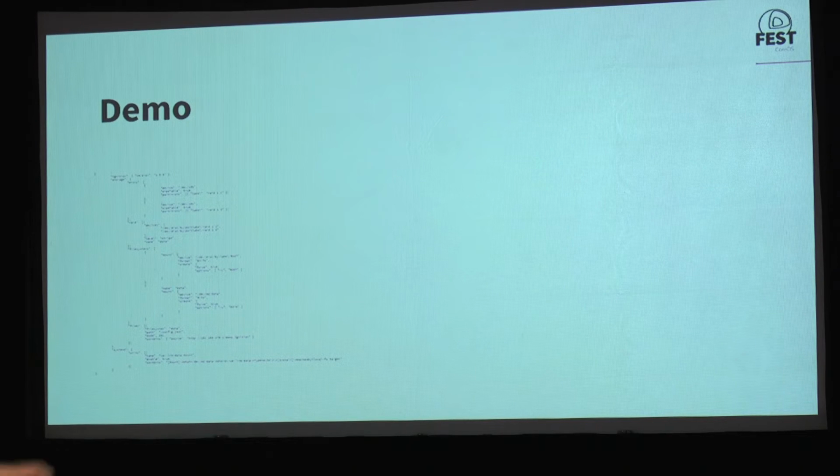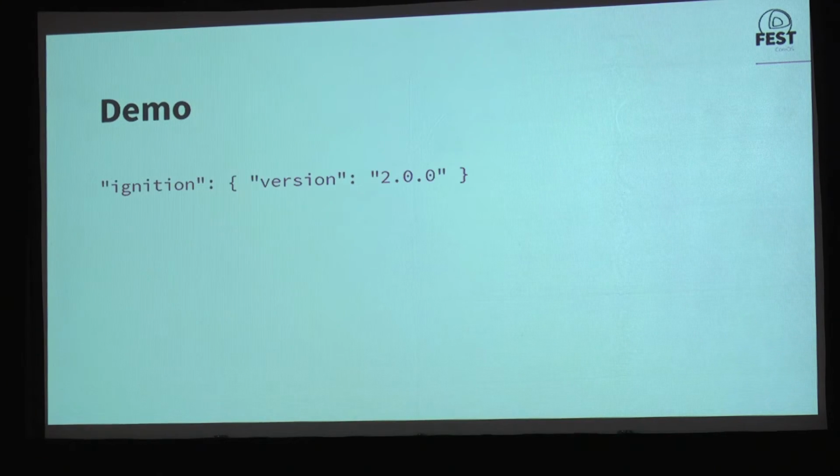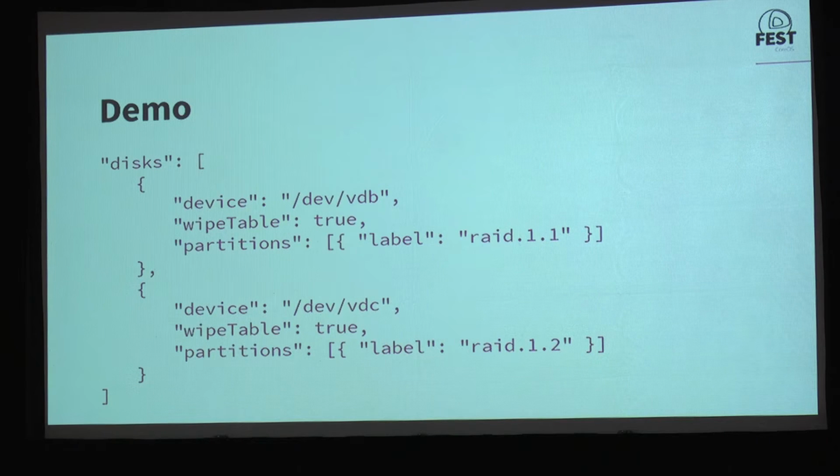So that's our config. Everybody can read that, right? Good? OK, let's walk through it. The first part of any Ignition config, of course, is the version number. Ignition configs are versioned so that we can make changes in the future and remain backward compatible. In this example, we're using version 2. The next thing we're going to do is configure those disks that we just talked about.